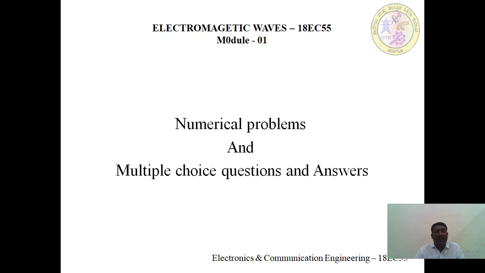This is the basic Coulomb's law equation. This proportionality is changed to an equality by the proportionality constant K, that is K is equal to 1 by 4 pi epsilon naught.